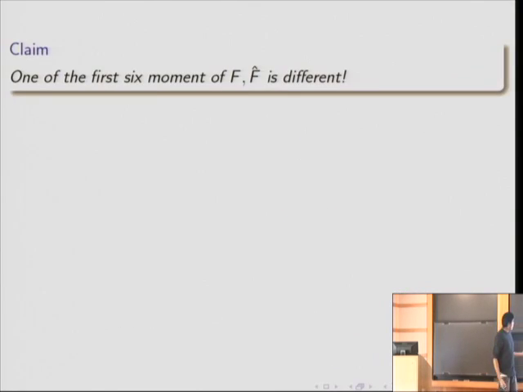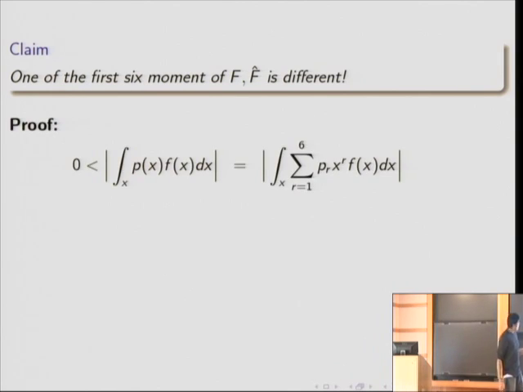Now, once we know that f minus f hat doesn't cross the 0 axis too many times, what we know is that the integral of this polynomial p of x, which is degree at most 6, against f of x minus f hat of x is not equal to 0. So in fact, its absolute value is strictly greater than 0. And we can now expand this polynomial in the obvious way.